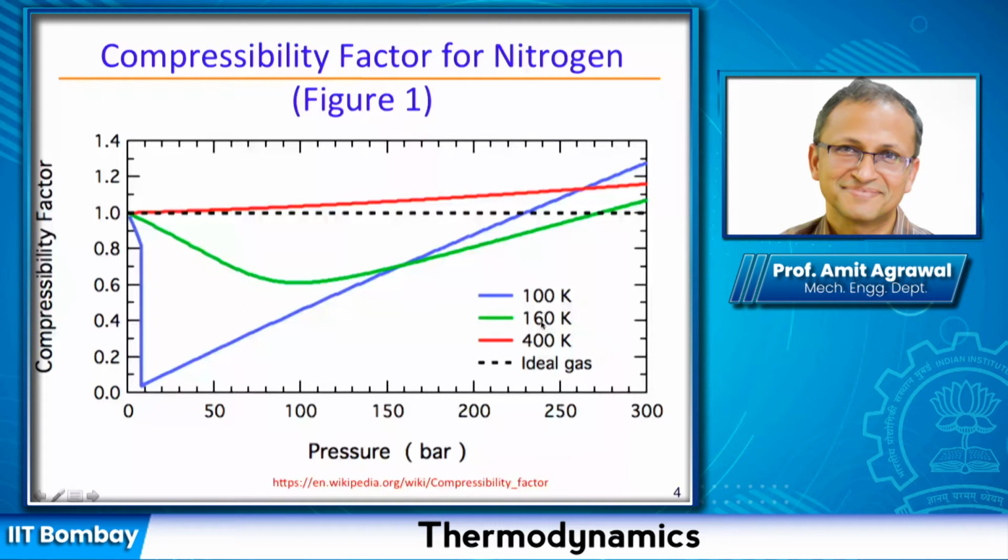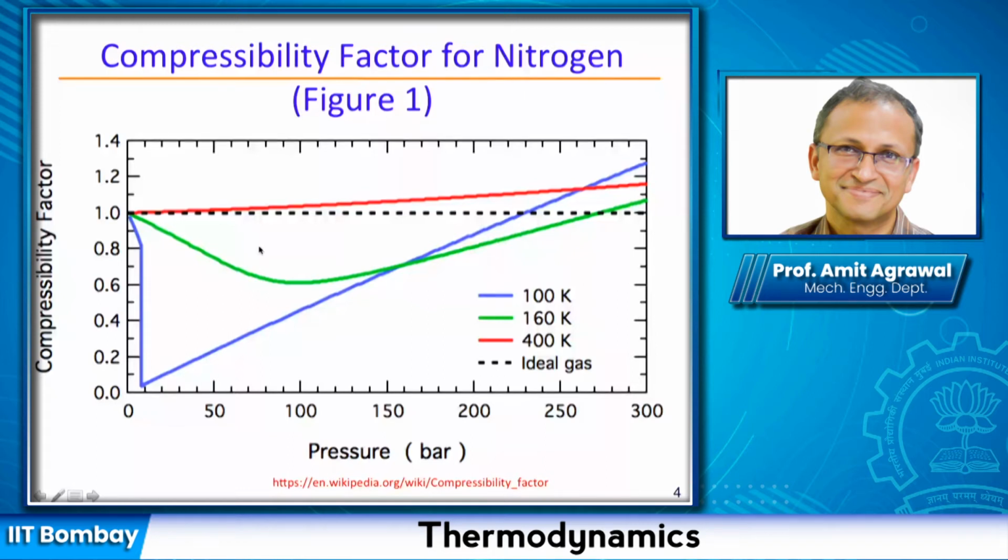If you increase the temperature to 160 Kelvin, then you get this green curve. And at a further larger temperature of 400 Kelvin, you have this red curve. Black dotted lines are also shown to show the value of 1, which is coming from the ideal gas law. So these are the 4 curves that we are plotting here.